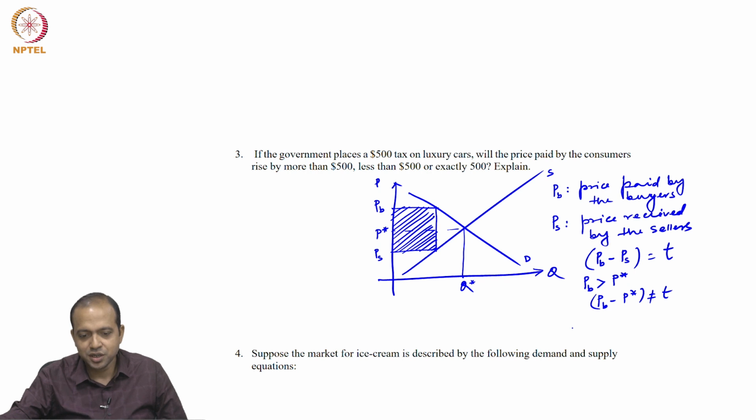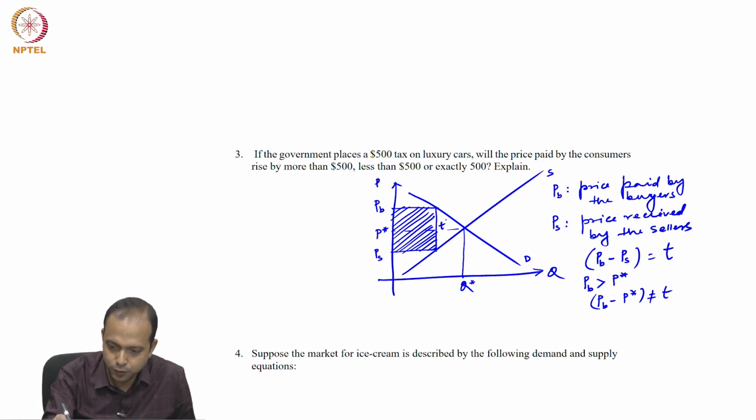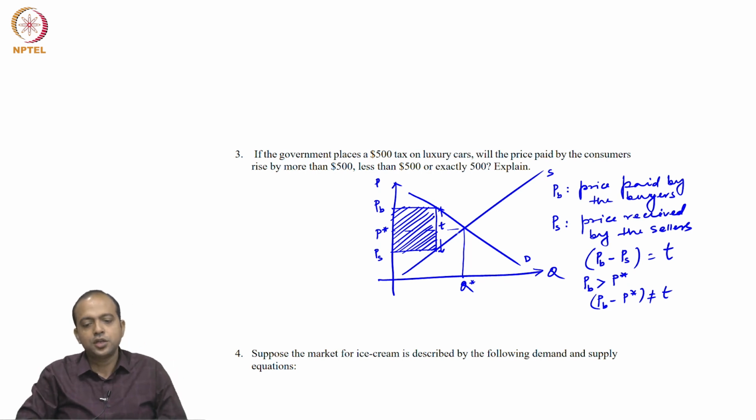So, that means the difference between PB and PS is T. This diagram itself says that even if the $500 of tax is imposed on the luxury cars, neither the buyer nor the seller is going to bear the entire tax burden.